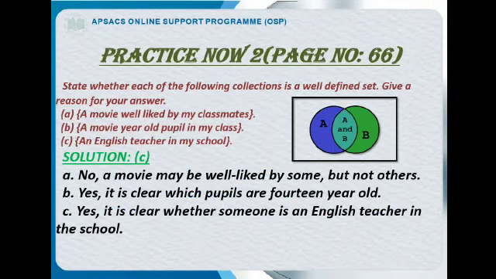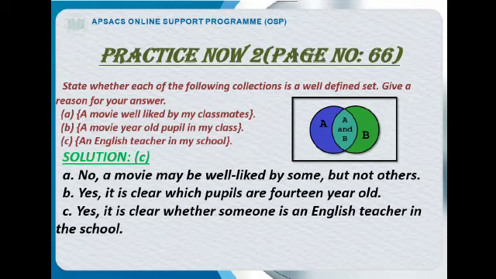The question is: state whether each of the following collections is a well-defined set. Give a reason for your answer. Part A: movies well liked by my classmates. The answer is no. A movie may be well liked by some but not others.